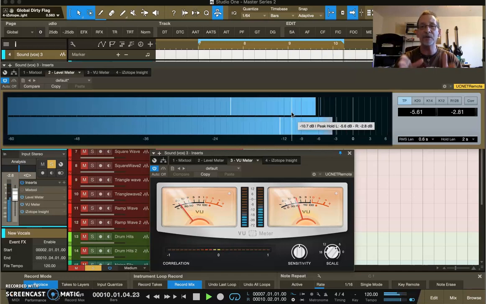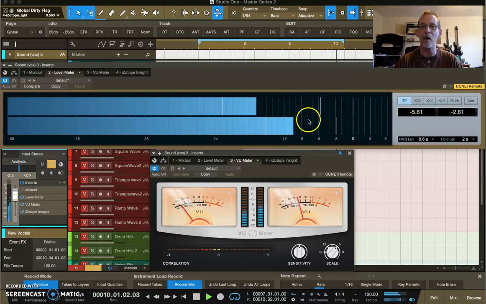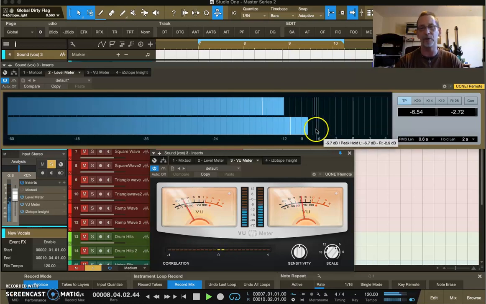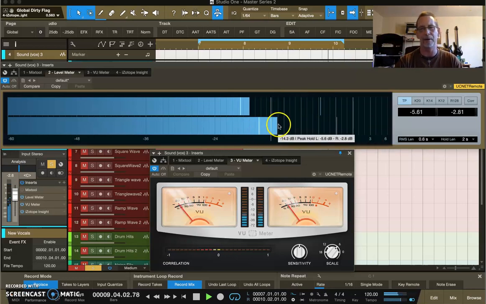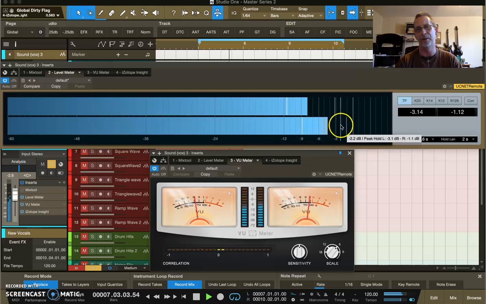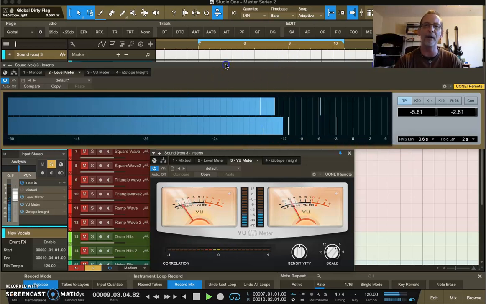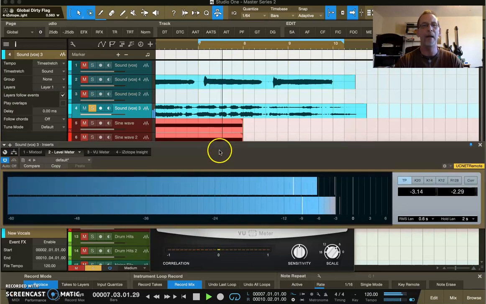I see them use their leveling systems about as much as their oscilloscope. Why? Because they've got little things bouncing around all over the place that don't seem to have any value to them. It's like, well, this one's going up here and then down there, and then up again, and then down. I don't know, it's doing something. And then they turn it off, listen to it, look at the waveform, and they're all done.